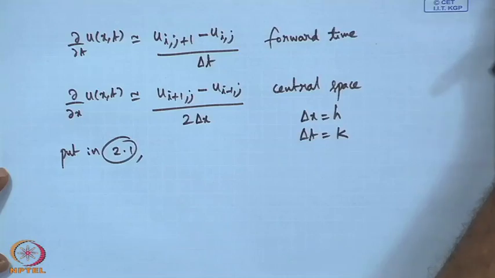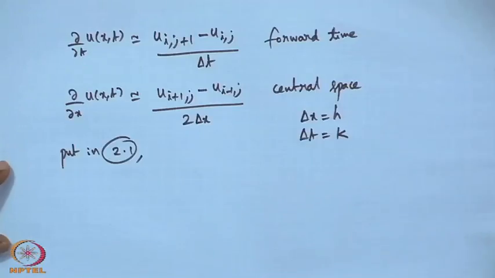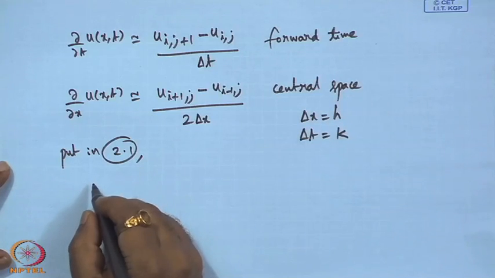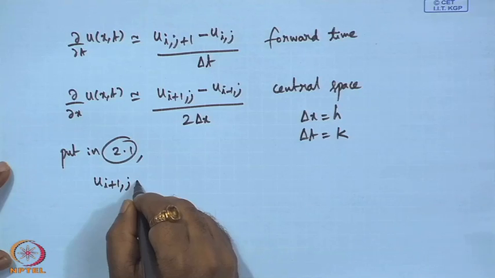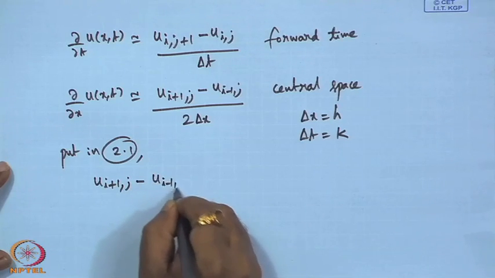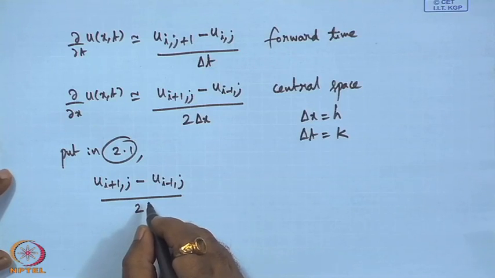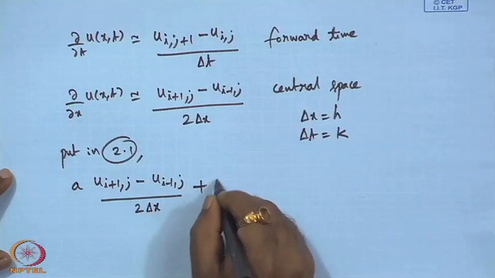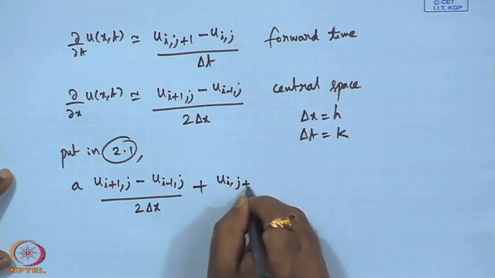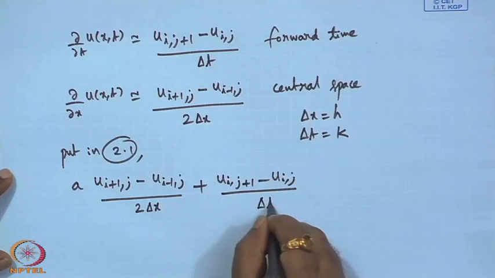So, you can see this is with time plus constant times with space. So, what you get is (u_{i+1,j} - u_{i-1,j})/(2 delta x), this is a times plus (u_{i,j+1} - u_{i,j})/delta t.